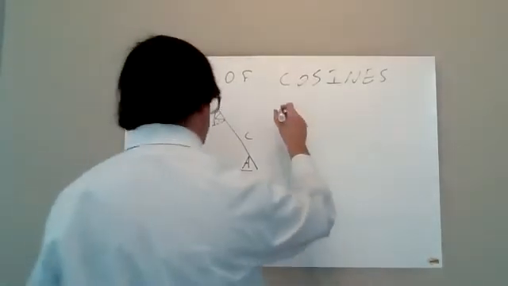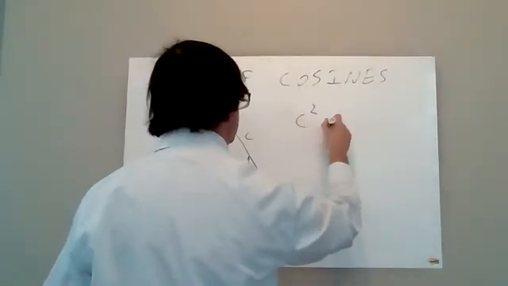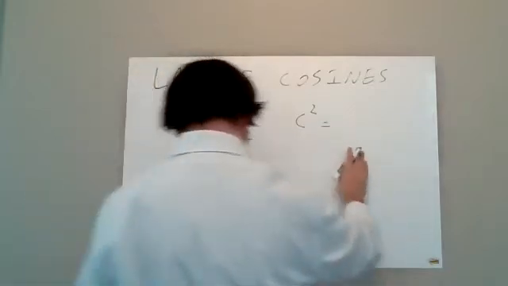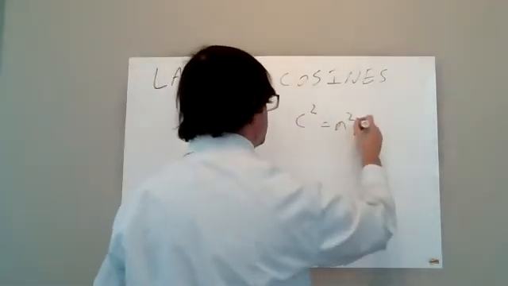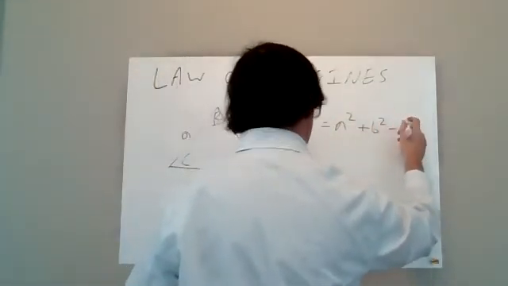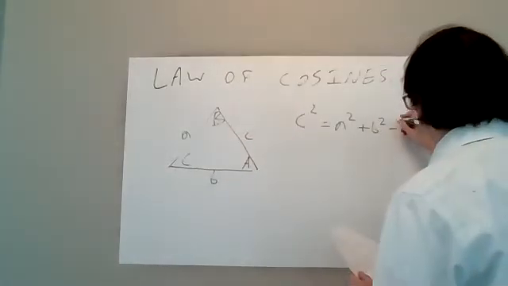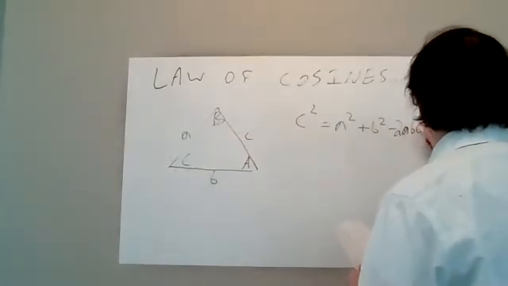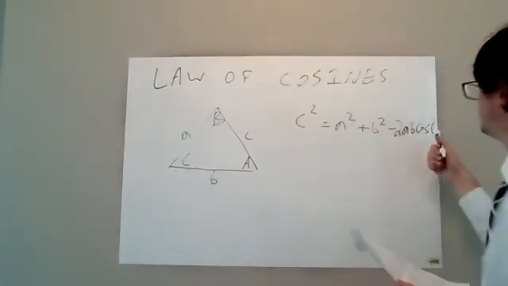Then c squared equals a squared plus b squared minus 2ab cosine C.